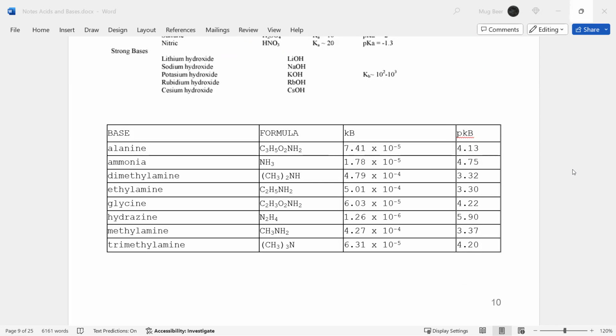Methylamine. Have you heard of that? Methylamine was in the news about 10 years ago. Does anybody know? It was sensational. Anybody know what it was?